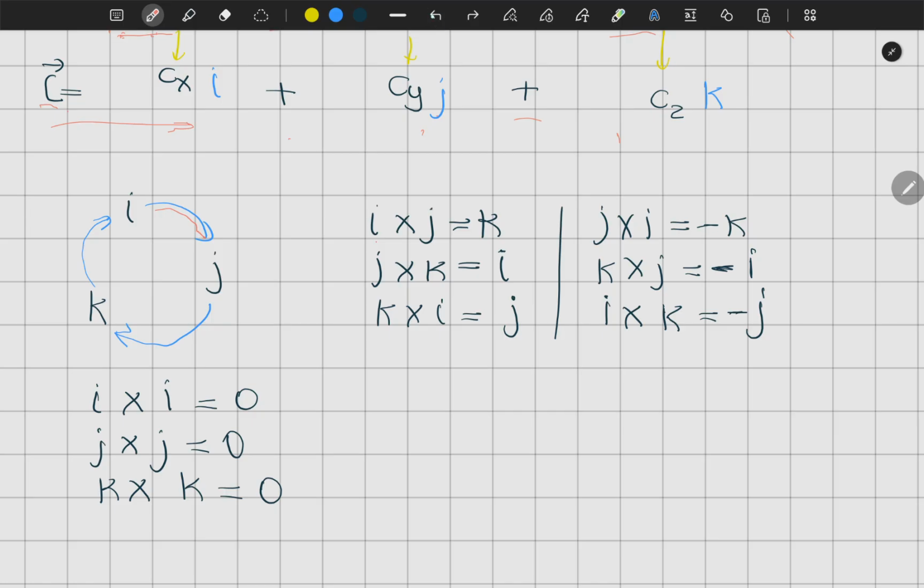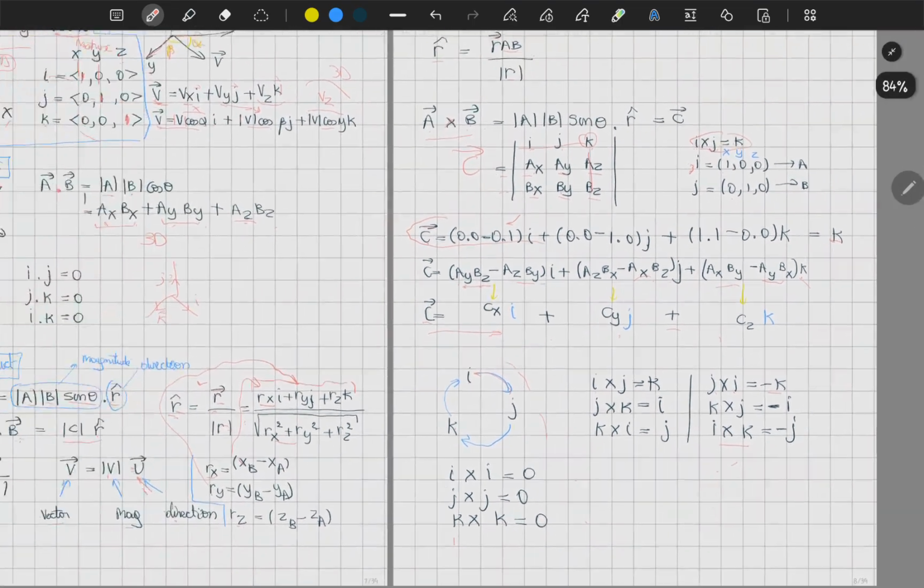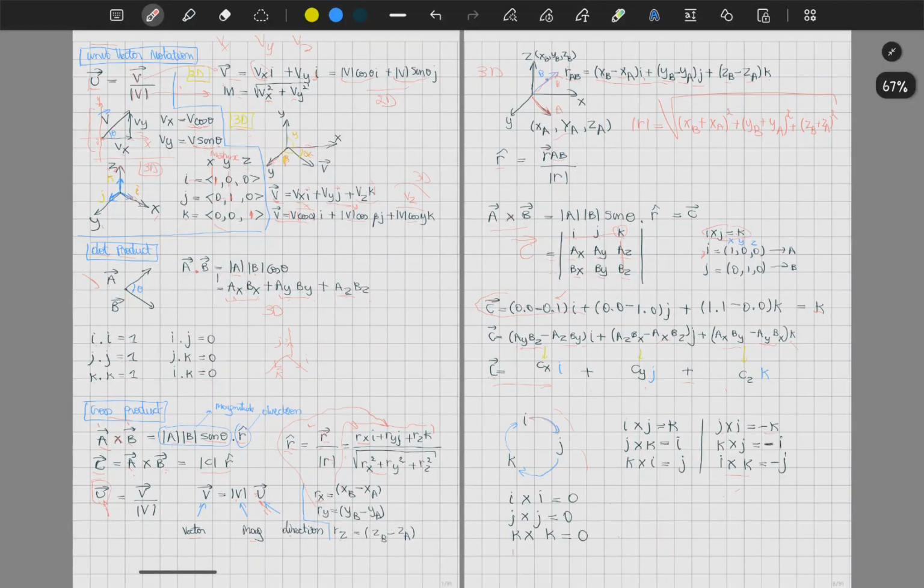And then if you go the other way around, if you move J in the opposite direction times I, J times I, I'll get negative K, because I'm moving in the opposite direction. Okay, these are the other formulas that you should know. So just to give you an idea. So this is what we did on dot product and cross product.